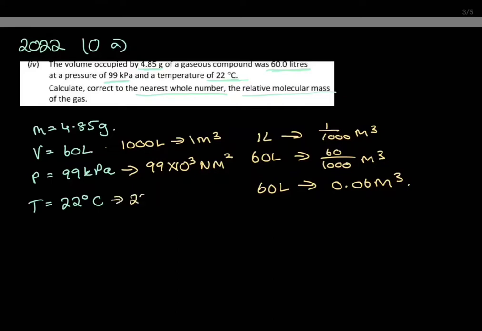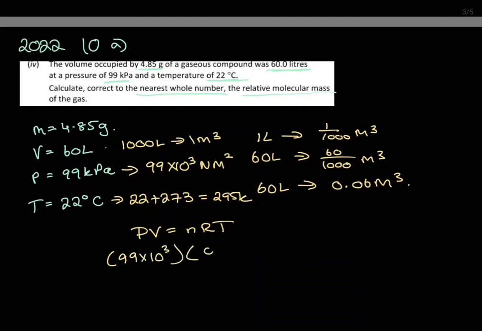Then the 22 needs to be changed to Kelvin. Okay, so the conversions are done. We can now use our formula. R, of course, is 8.31.